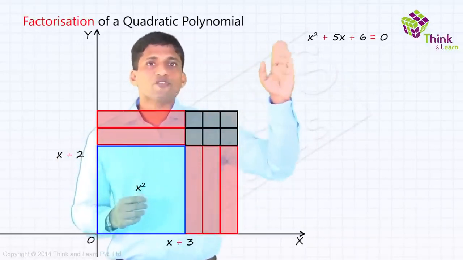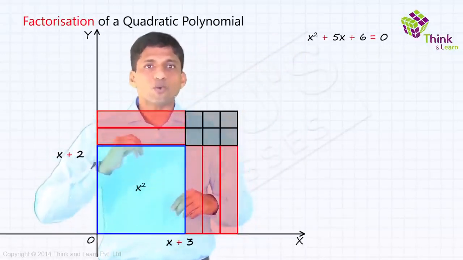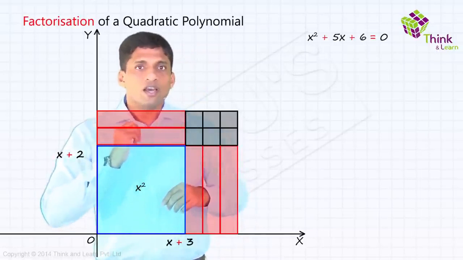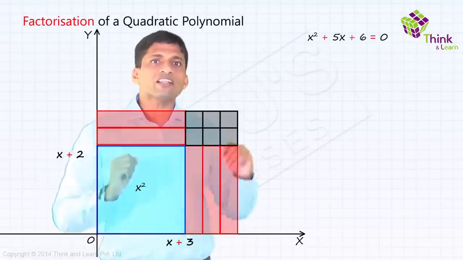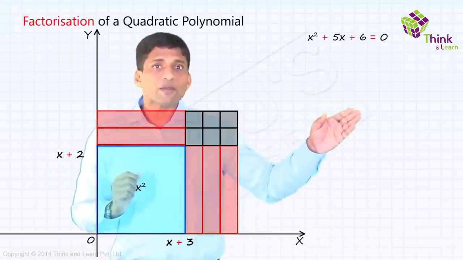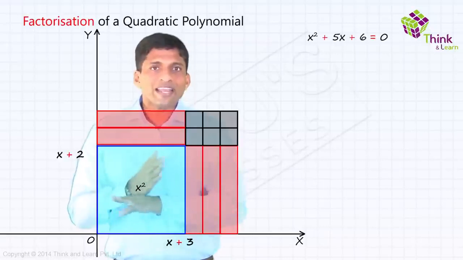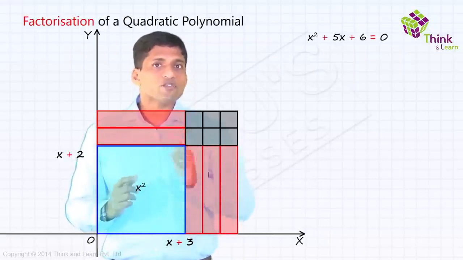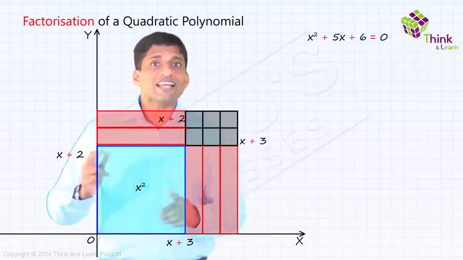So x square plus 5x plus 6, initially we had 3 separate diagrams: one square with area x square, a rectangle with area 5x, and another rectangle which I kept outside with area 6. But when you bring all of them together, we are still getting x square plus 5x plus 6, but we are factorizing it as length and breadth.